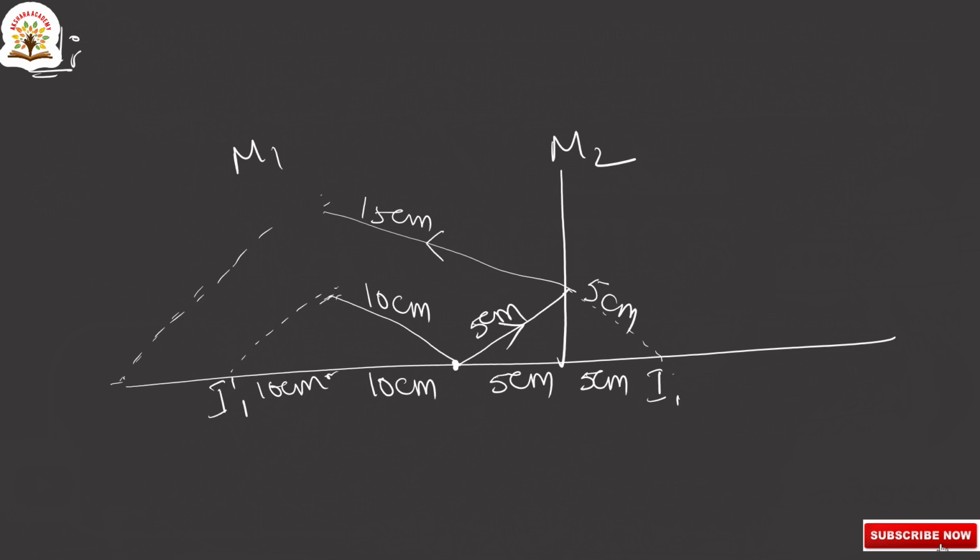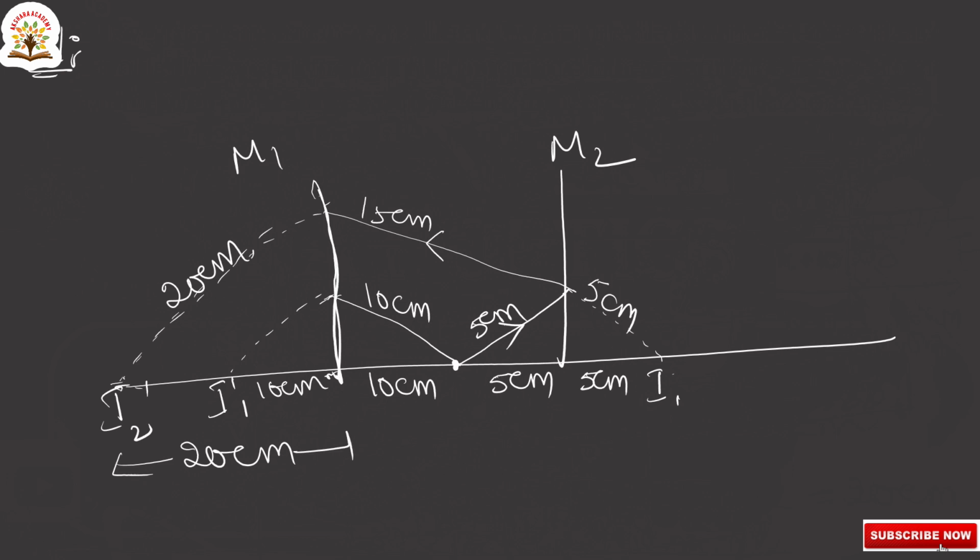So this is 20 centimeters at I2 dash. From here to here 20 centimeters. Okay.